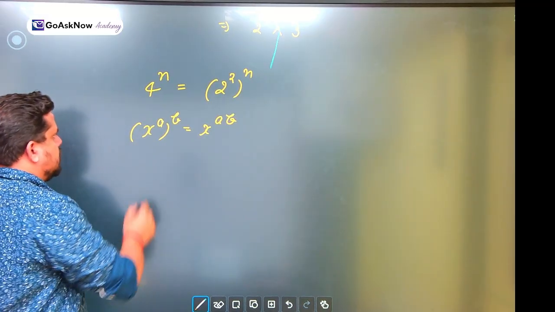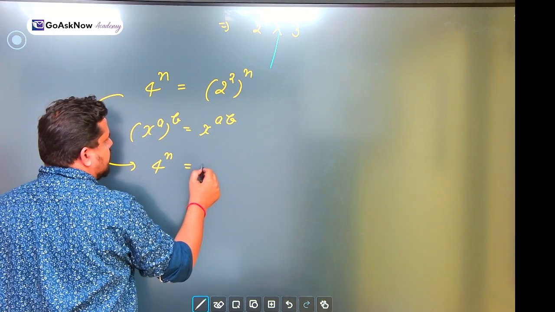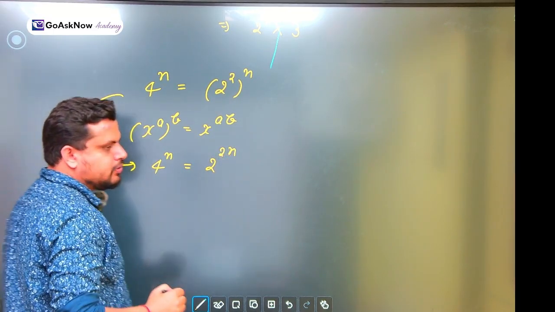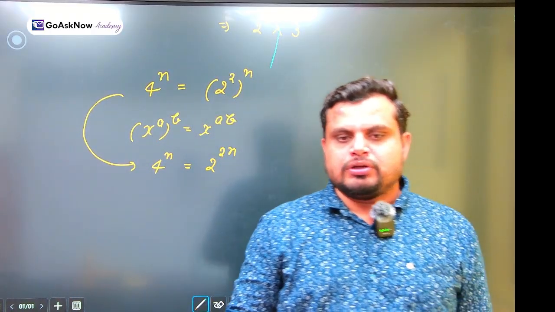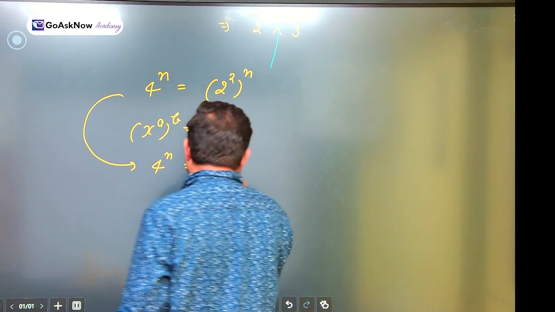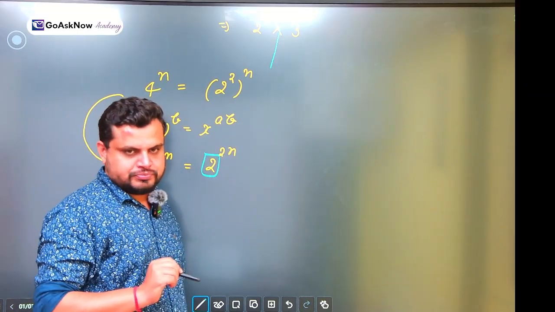So we can write 4 to the power n as 2 to the power 2n. Now, 4 to the power n has only one prime factor, that is 2.